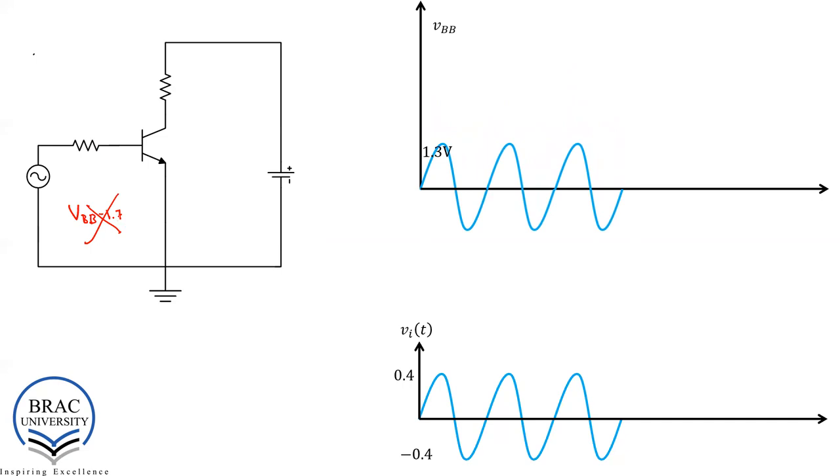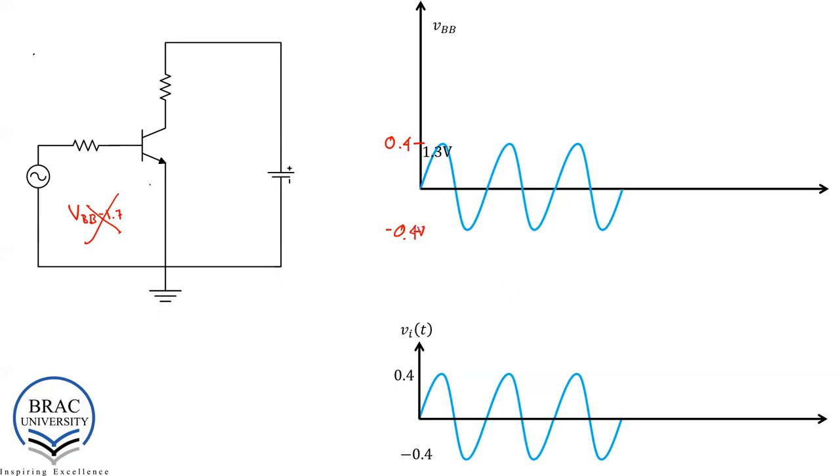Previously it was fluctuating between 2.1 and 1.3. Now that we have removed the DC voltage source, it is fluctuating from 0.4 volt to minus 0.4 volt.